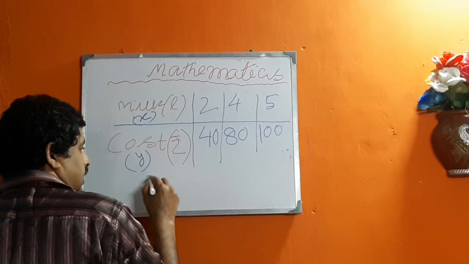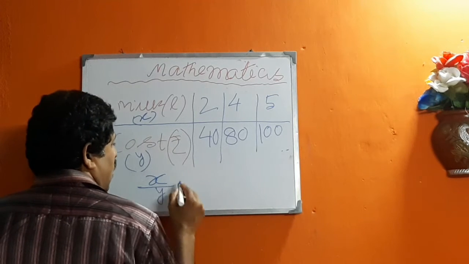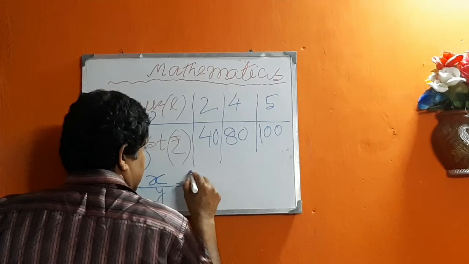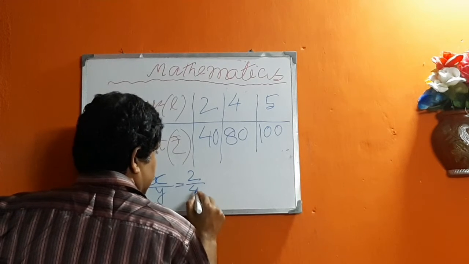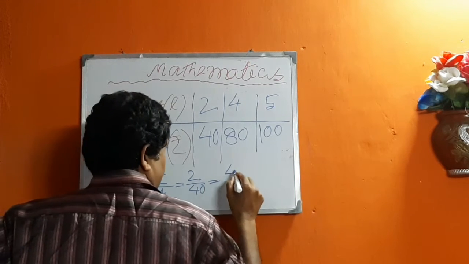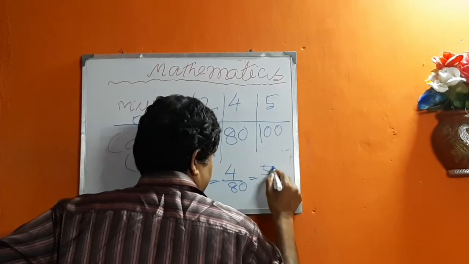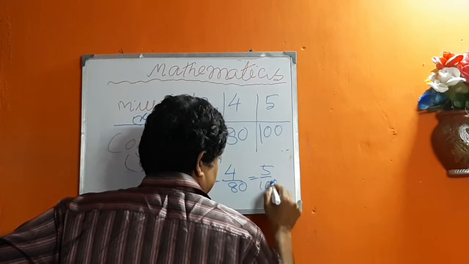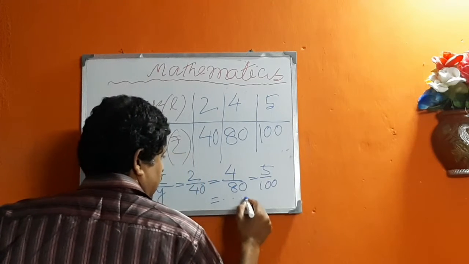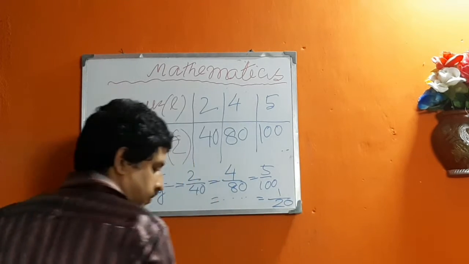If we present the expression in the fractional form x by y, I get 2 by 40, 4 by 80, 5 by 100, and so on, equals 1 by 20.